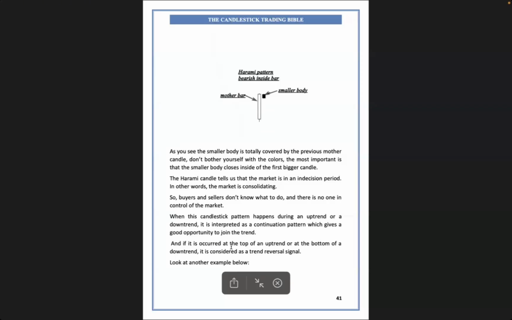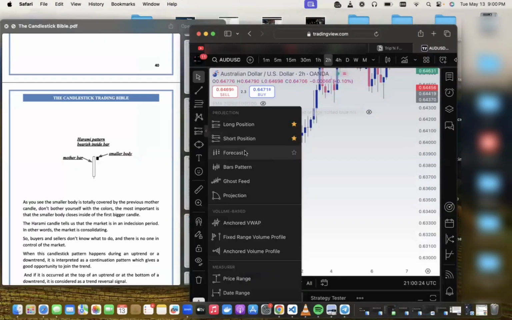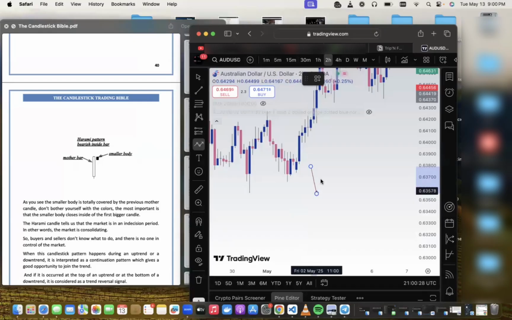And if it occurs at the top of an uptrend or at the bottom of a downtrend, it is considered a trend reversal. So what I think is, if this happens, imagine, let me use the charts. Imagine we have a strong sell. Price has come all the way down, and now it starts to go up.